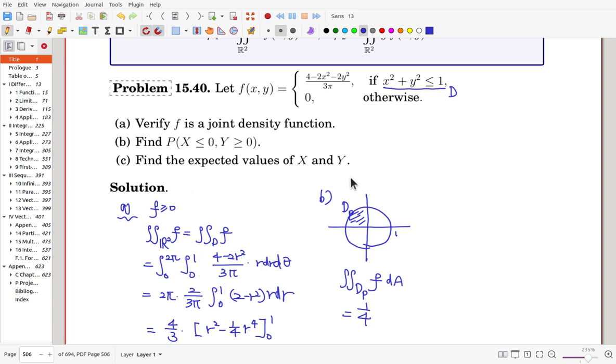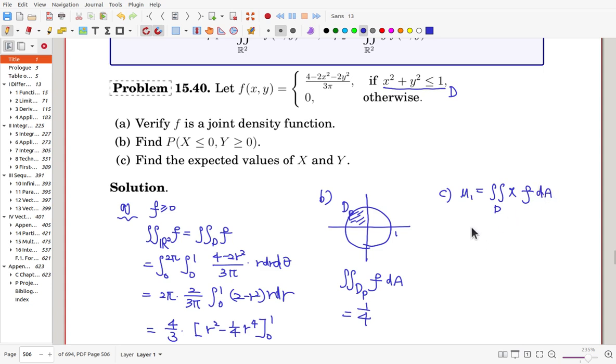Now let's try to get the expected value. Let's try to get mu1 first. mu1 must be the double integral over the whole region of x times f dA, right?